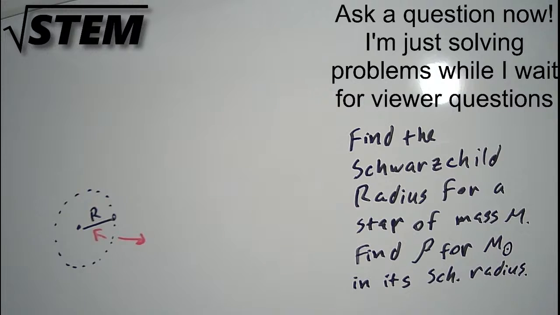Because the escape velocity is based on the mass of the body that you are around, and your velocity, which we're interested in the escape velocity being greater than the speed of light. Okay, yeah. So let's see here.